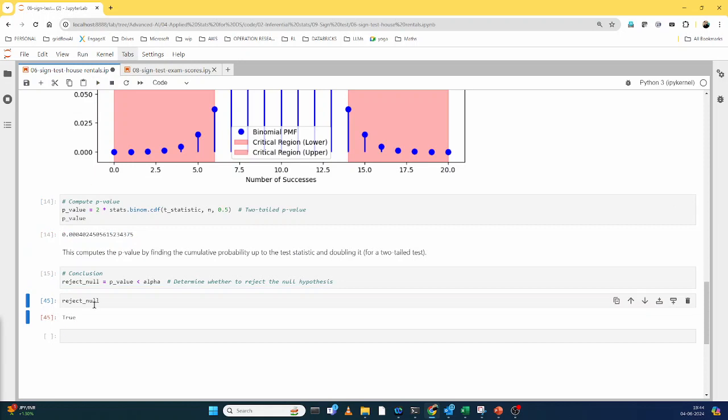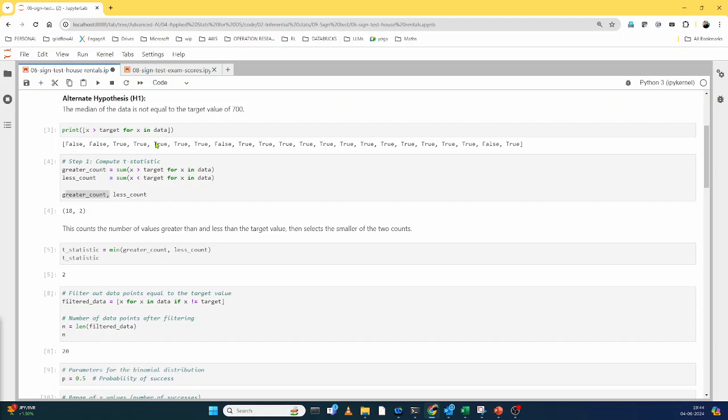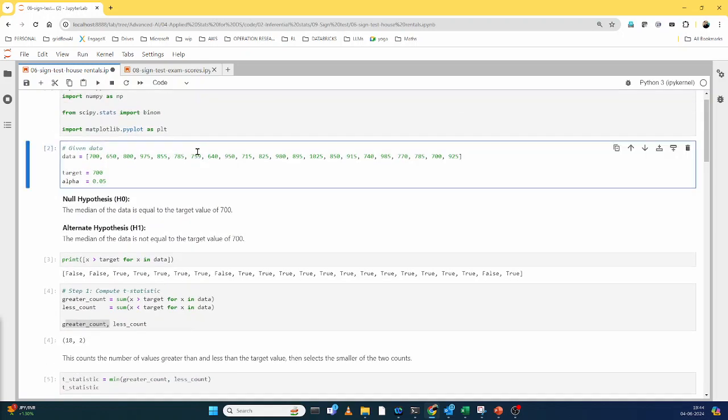So what is the null hypothesis here? The median of the data series is same as 700. That we are rejecting. That means it's not same as 700. So that's one example here of a sign test.